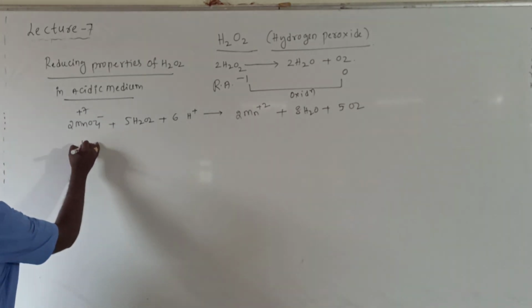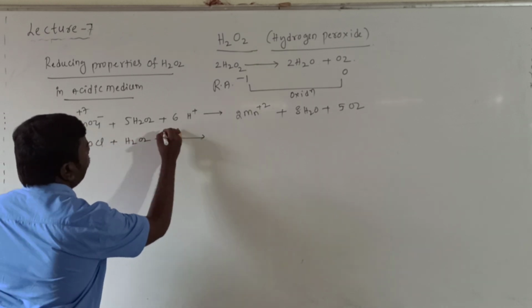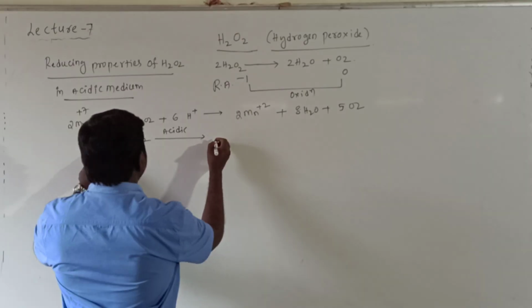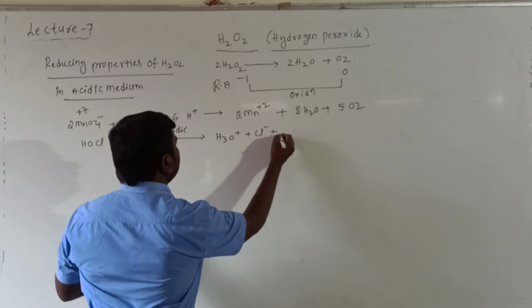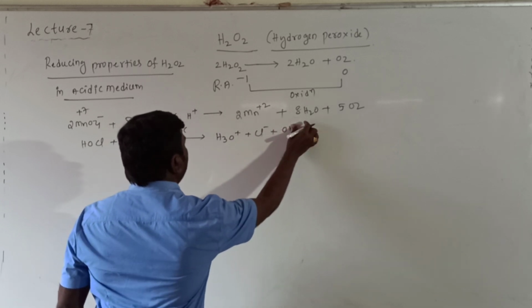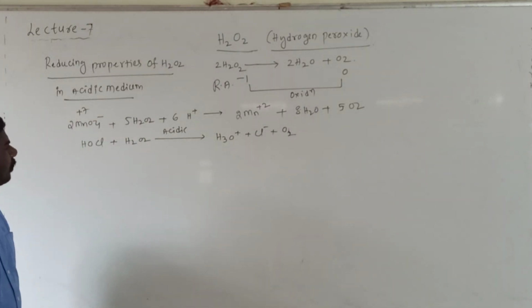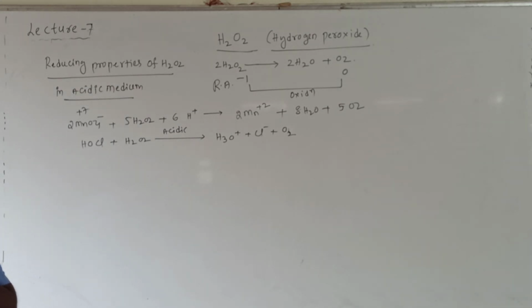Similarly, HOCl plus H2O2 in acidic medium. H plus indicates acidic medium. Then it gives H3O plus, Cl minus and O2.